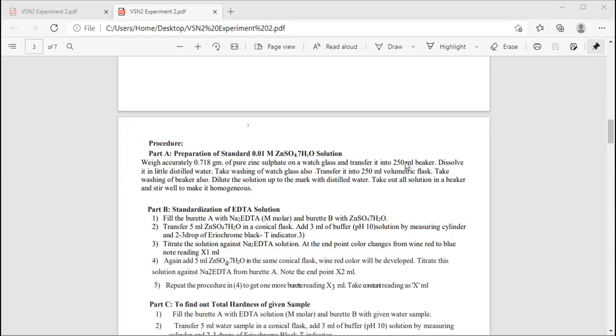If the concentration of EDTA is more, the corresponding hardness reading will be more. If you assume that the concentration is 0.01 molar, and it is not 0.01 molar, suppose it is 0.0096, it is less.